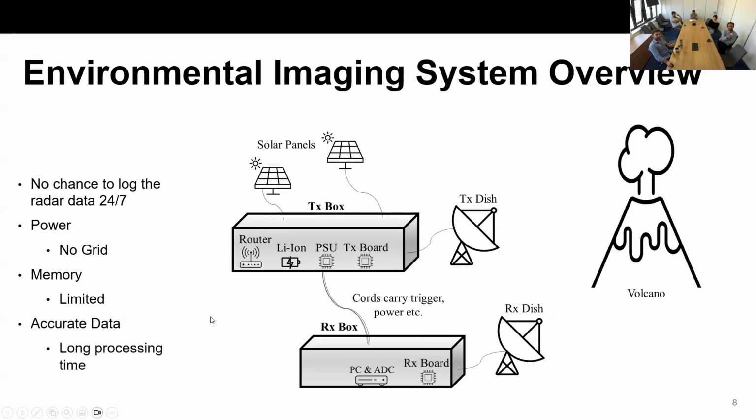Besides, even if we had endless power and endless memory, it wouldn't be easy to process data to see which is dummy data and which data belongs to the pyroclastic flow. So that's why we need a trigger system. And we use some geophysical sensing instruments to sense the eruption and to trigger the system.